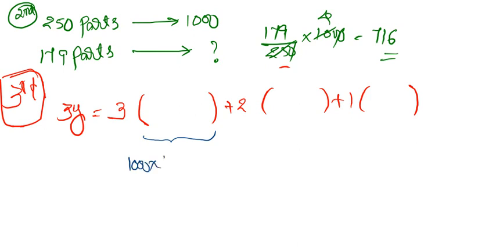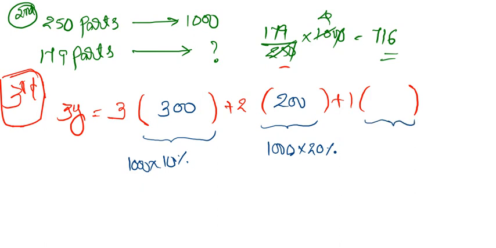So 1000 of 10% is 300. Again the second year is 20%. Right. So that is 1000 of 20%, which is 200. But come to here, you will get interest on interest, right?